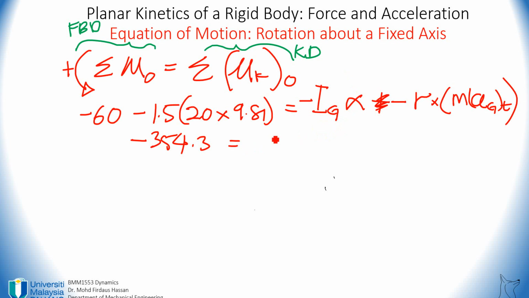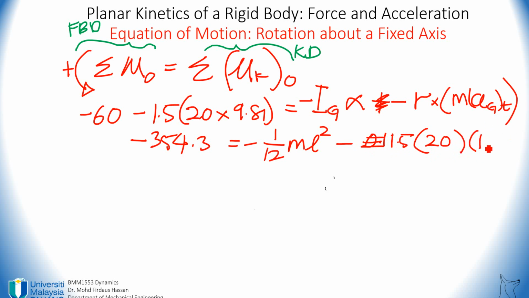If you refer to the table of mass moment of inertia, it gives you 1/12 m l square. R is 1.5, l is 1.5. Mass is 20. AGT is R alpha, R is 1.5 and alpha is alpha.